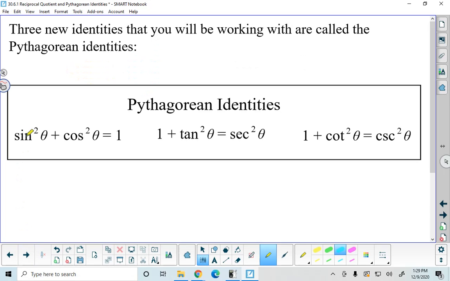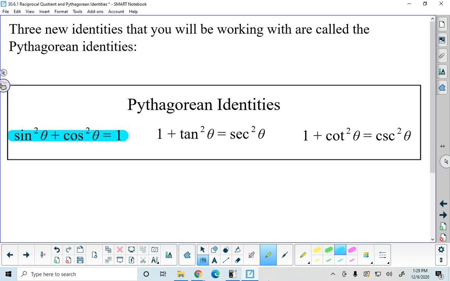Now this first one, you already knew. The reason why you already knew that one is that on the unit circle, sine is y and cosine is x. But you know x squared plus y squared equals 1 on the unit circle. There are some other ones. 1 plus tan squared equals secant squared. 1 plus cotan squared equals cosecant squared.